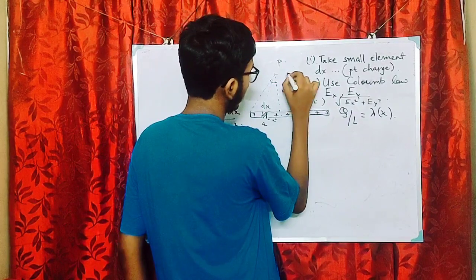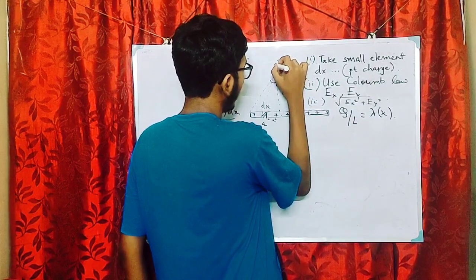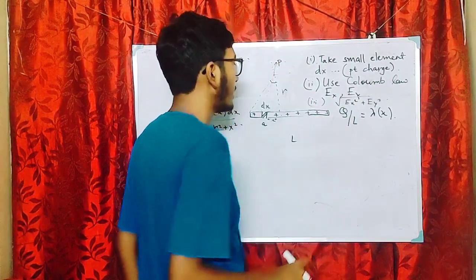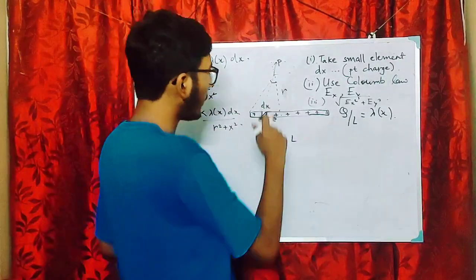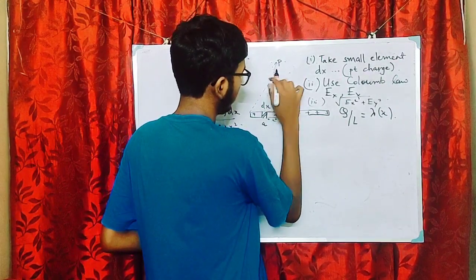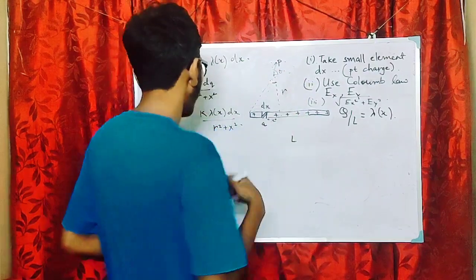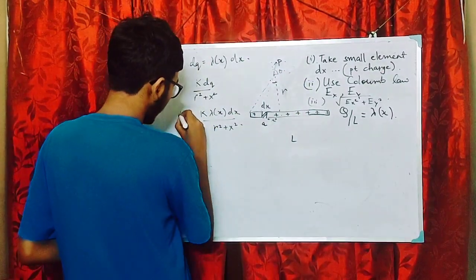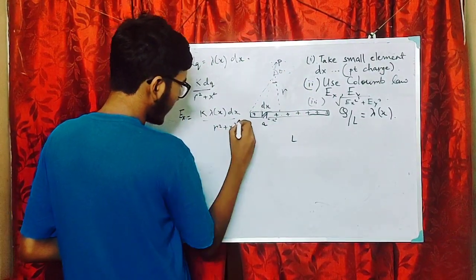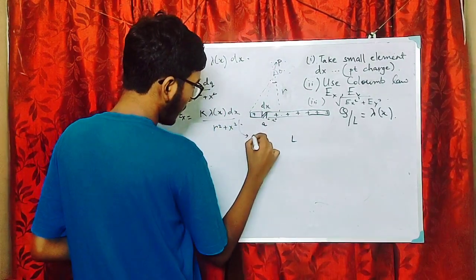Now my friends, this would be in this direction. So इसका एक थीटा का component इस साइड होगा. What will be Ex? Ex will be this into cos theta.